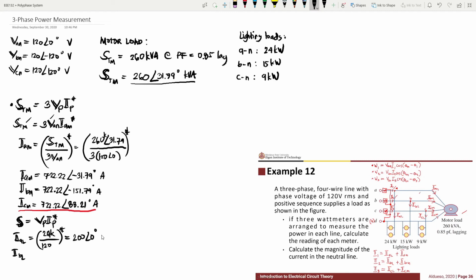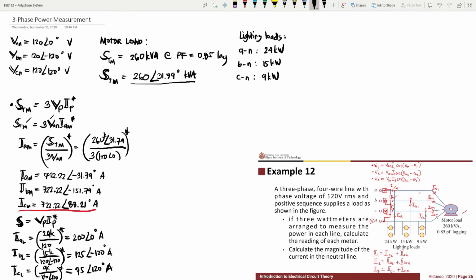For IBL, we have 15K over 3 times 120 angle negative 120, which gives 125 angle of negative 120. ICL is equivalent to 9K over 3 times 120 angle of 120, which gives 75 angle of 120.